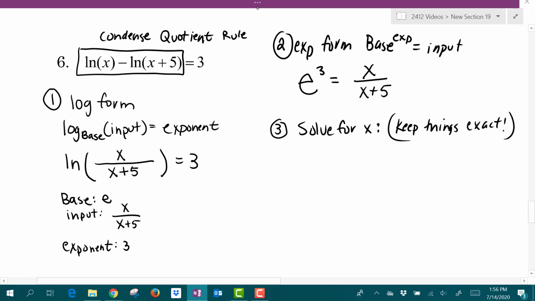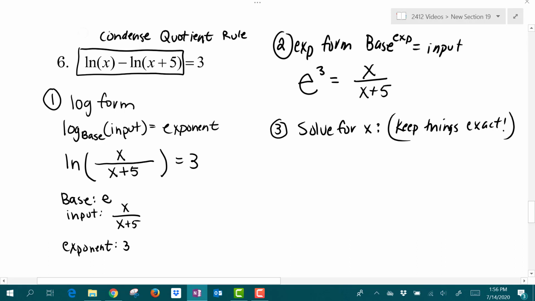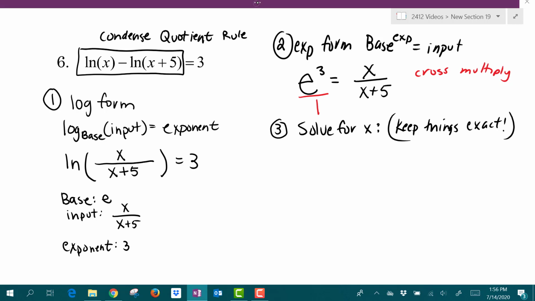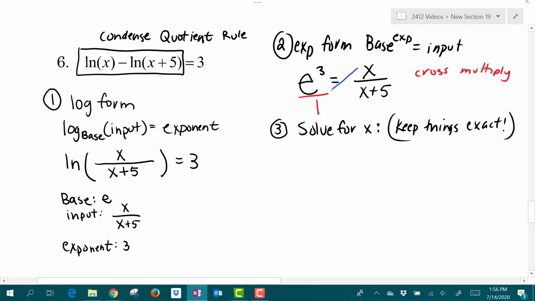In order to solve this, we have a fraction on one side, and we can solve using cross multiplication if we have one fraction equaling another fraction. So I'm going to make both sides look like fractions, and then I'm going to cross multiply. So x times 1 gives me x. e to the power of 3 times x plus 5 on the right hand side.